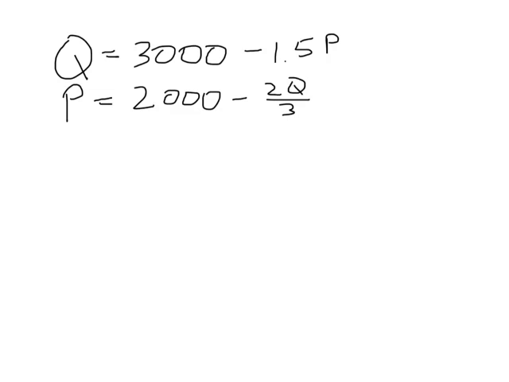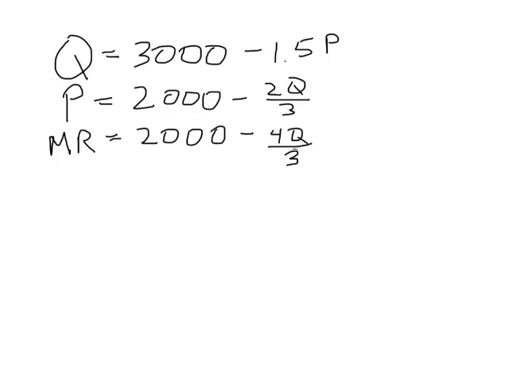And remember, the marginal revenue function for the combined market has the same y-intercept but is twice as steep. So that's going to be 2,000 minus 4Q over 3.